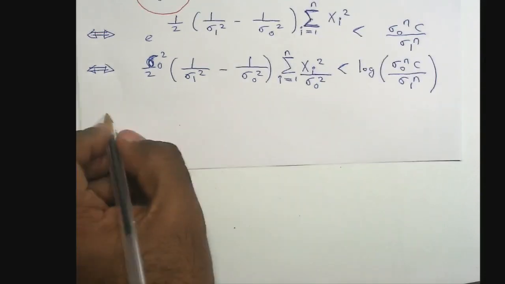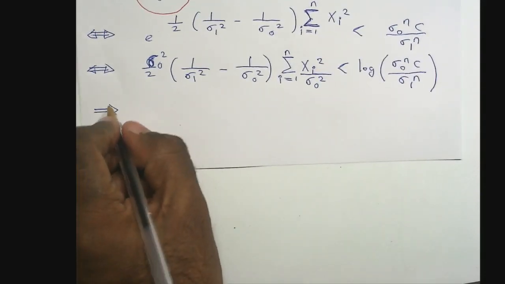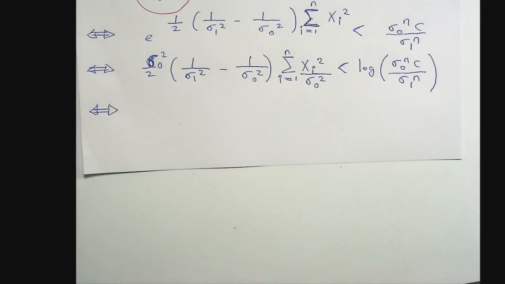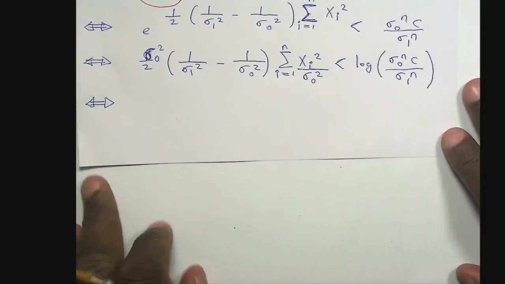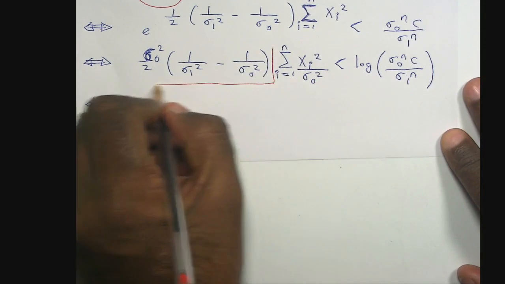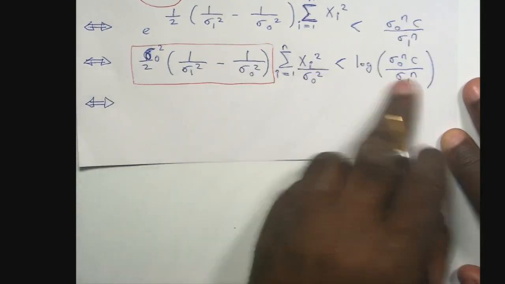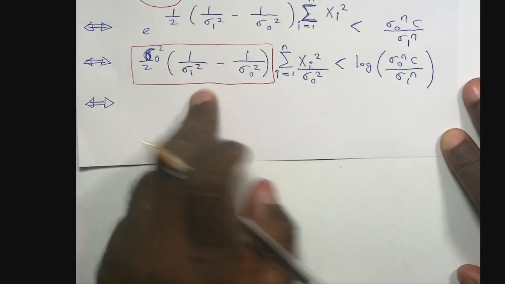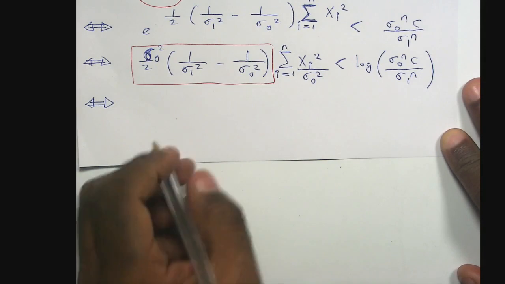Right now, so this will become. Now you should divide the left and the right by this factor here, right? You will get the following.